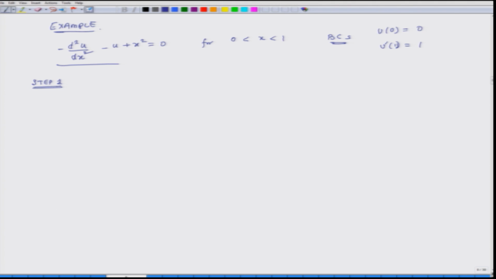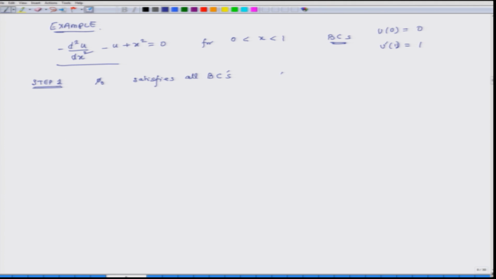So the first step is that we choose phi naught so that it satisfies all boundary conditions. One boundary condition is at x equal to 0, u is 0, the other is that at x equal to 1, its differential is 1.